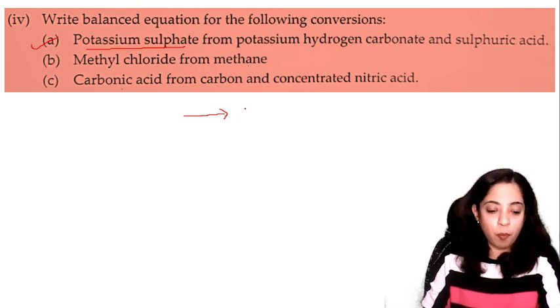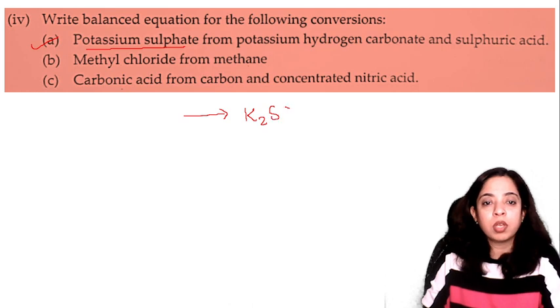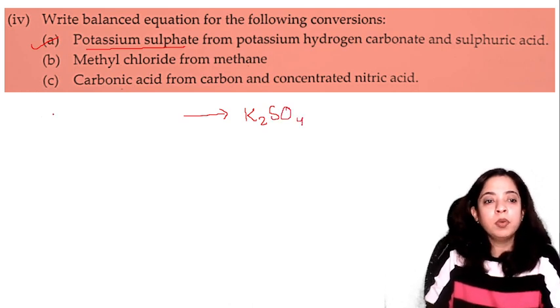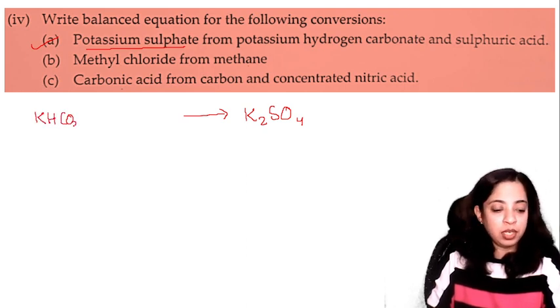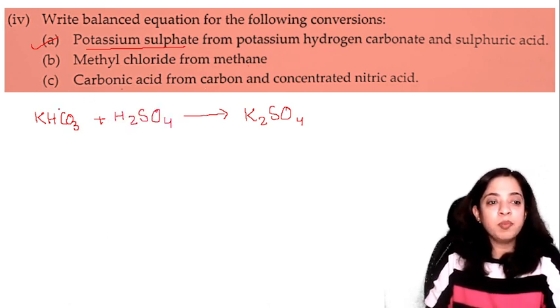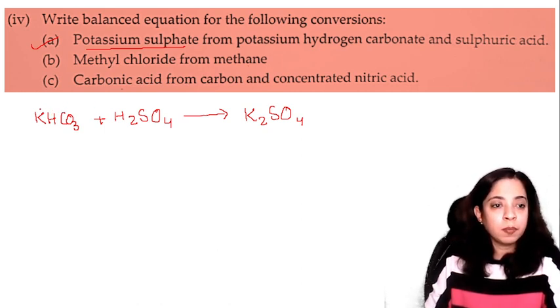Potassium sulfate is formed. Okay, so potassium sulfate, K2SO4, is formed from potassium hydrogen carbonate and sulfuric acid. So now you see what else will be formed. Look, I will have to take two molecules of this.